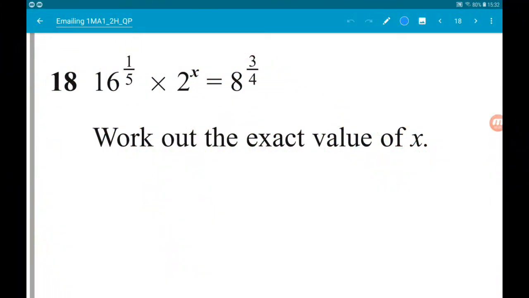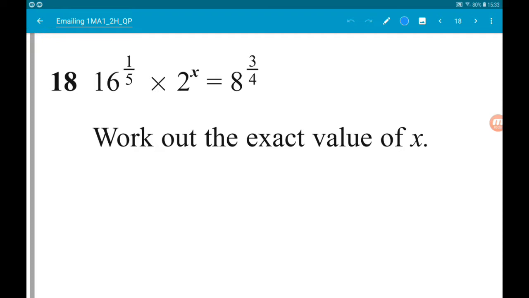Okay, number 18, a nice tricky indices equation. So, 16 to the power of a fifth times 2 to the power of x is equal to 8 to the 3 quarters. Work out the exact value of x. Good times.